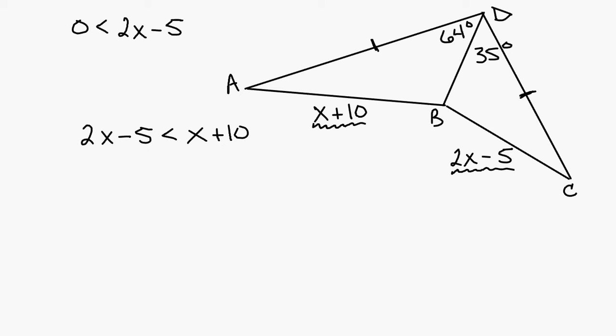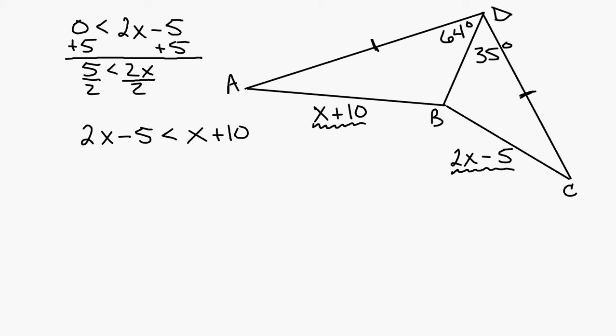Okay? Two separate inequalities. Remember doing the ands and the ors? They're both compound inequalities. This is an example of an or compound inequality. So you just have to solve them both. So up top, you would add 5 to each side. 5 is less than 2x, and then divide by 2.